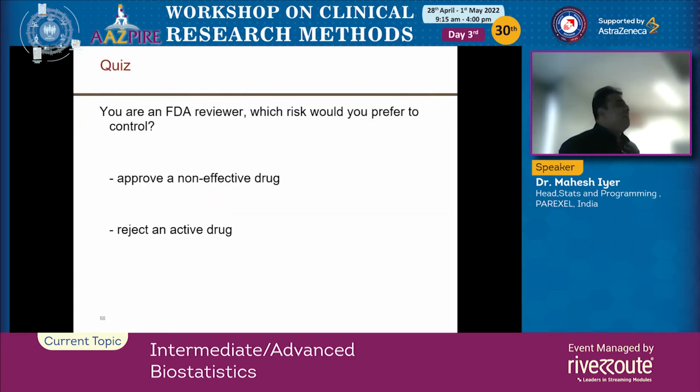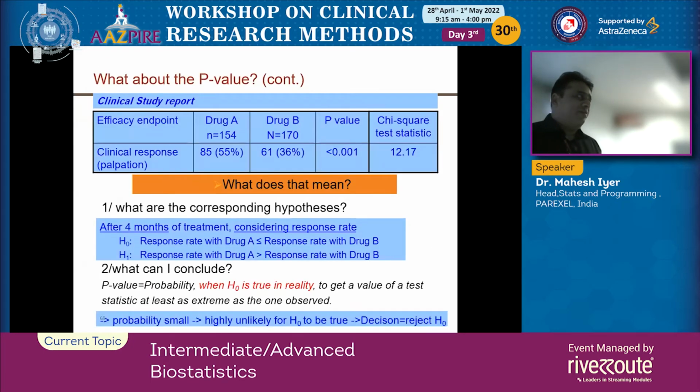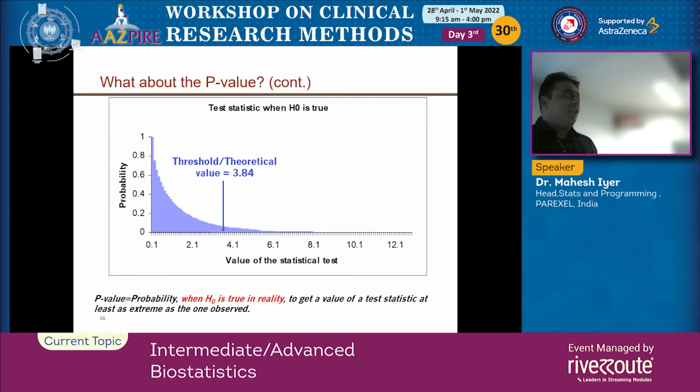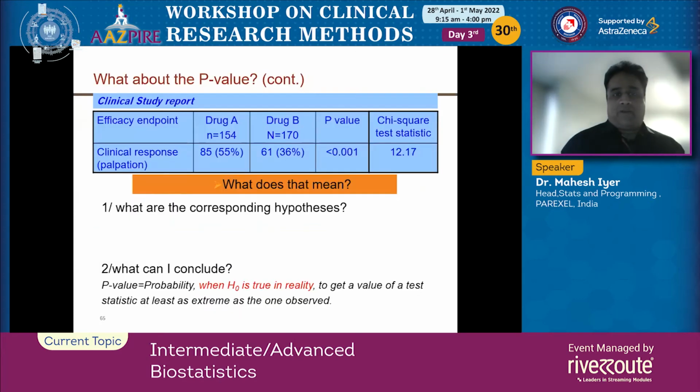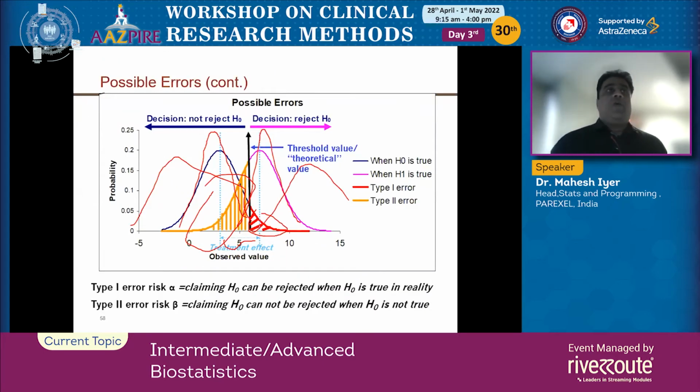So then let us just quickly say what is the p-value? Okay, because it's important. Okay, so what is a p-value? It's not a probability value. Whoever said probability value, not correct. A p-value is the probability of seeing a test statistic, an observed value, as extreme or more extreme.